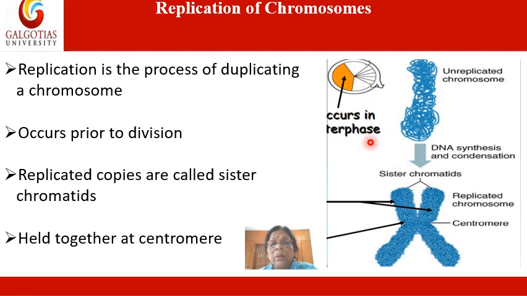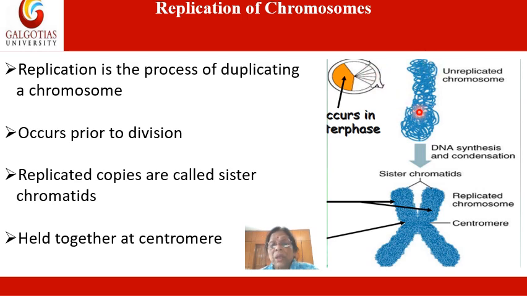And then this is followed by the G2 phase, when the accessories required for cell division are synthesized, like the centrioles. They divide into two, and then the formation of astral fibers and all those things take place during the G2 phase, and this is followed by the cell division.